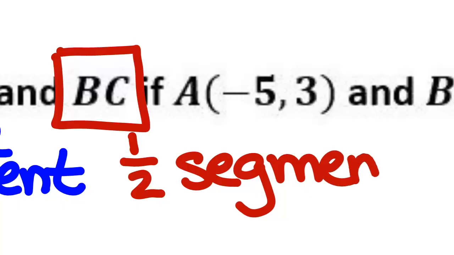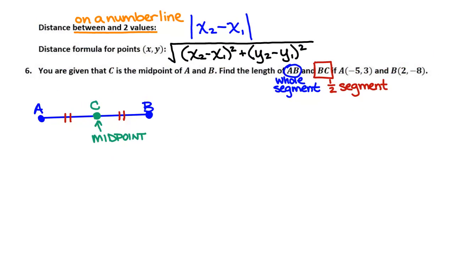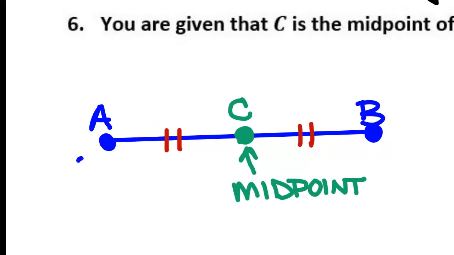So first we're going to find the distance from A to B using our distance formula. And then we're going to go back in and take that answer and cut it in half to find the distance from B to C. All right, so we know our ordered pairs for A are -5, 3. So I'm going to write that over here, -5, 3.